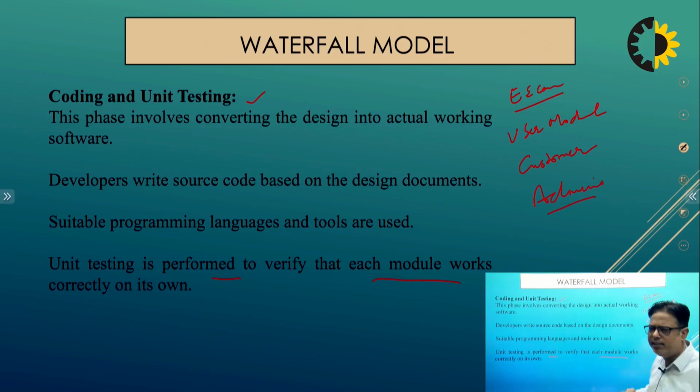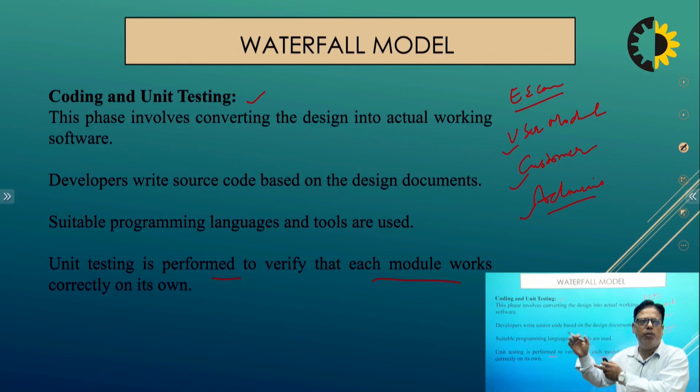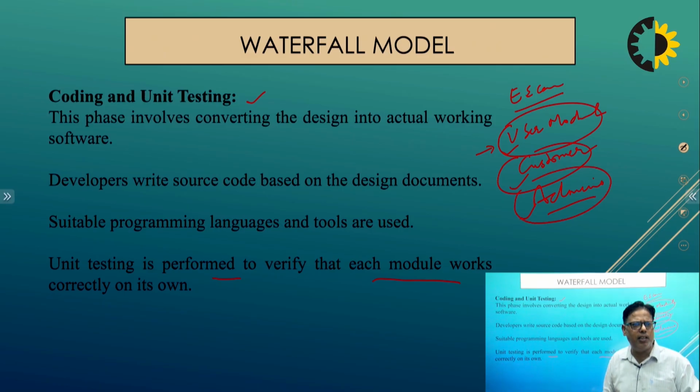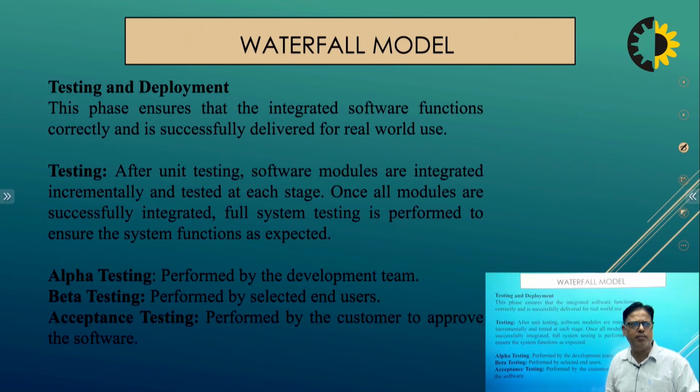After designing the user module, the customer module and the admin module, we need to test each module individually, according to the coding and unit testing phase. So unit testing provides module-wise, individual testing. User module testing, customer module testing and admin module testing are all performed in unit testing.